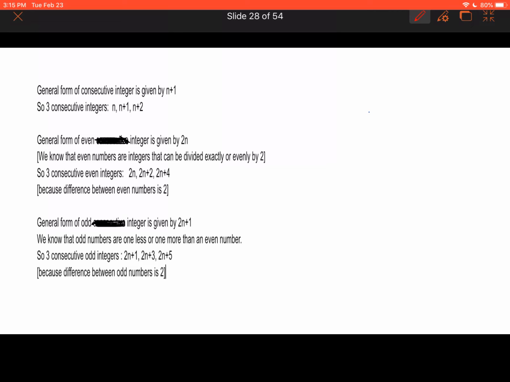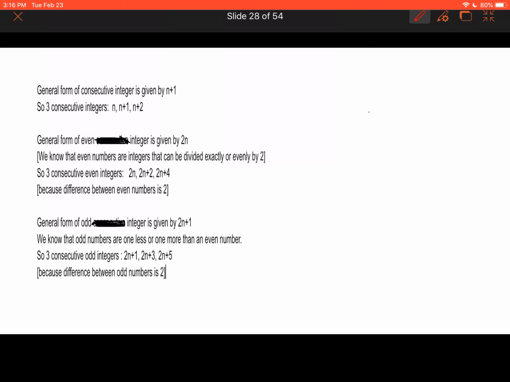When we want to find consecutive even integers, we have to add a difference of 2, because the difference between any two even numbers is 2, right? So keeping that in mind, we add 2 to the given even number, that is 2n.